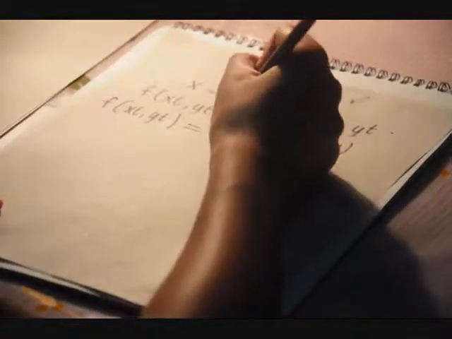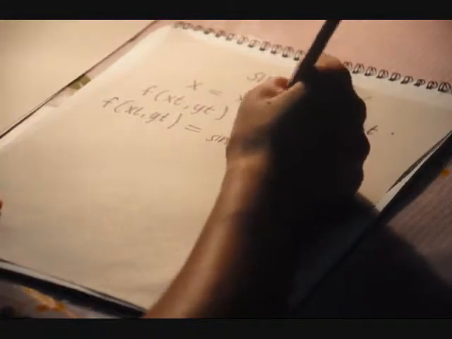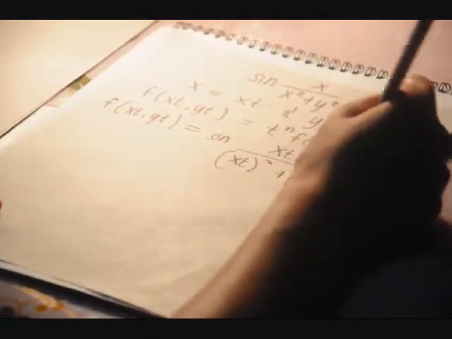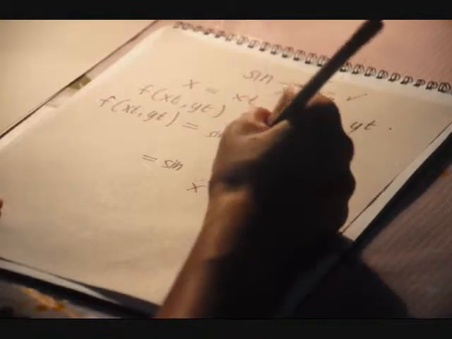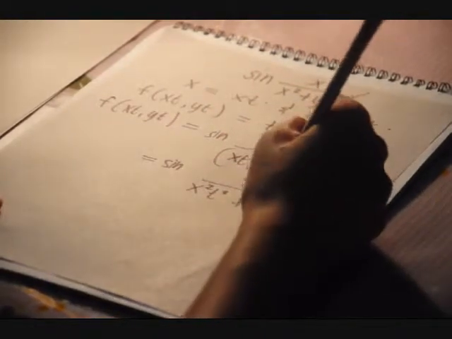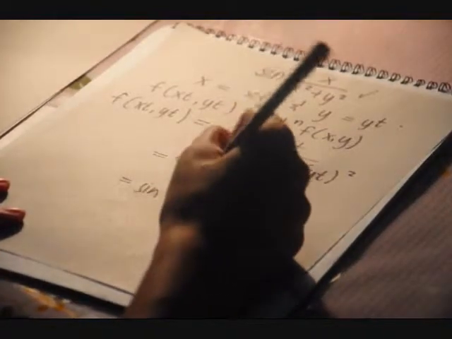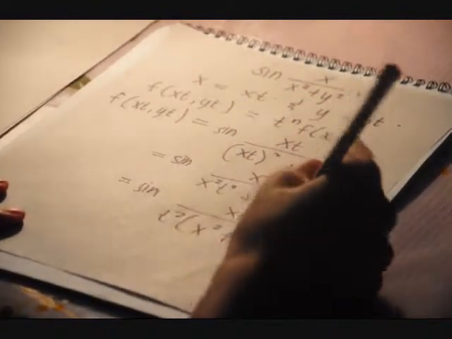So we have sine of xt over (xt) squared plus (yt) squared. So we now have sine of xt over x squared t squared plus y squared t squared. Now we have sine of xt over t squared times (x squared plus y squared).